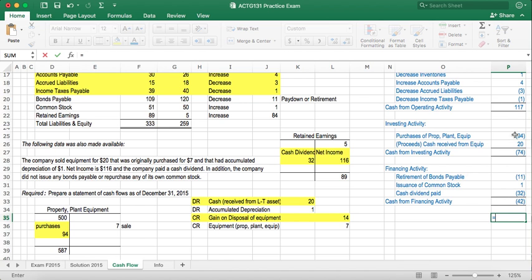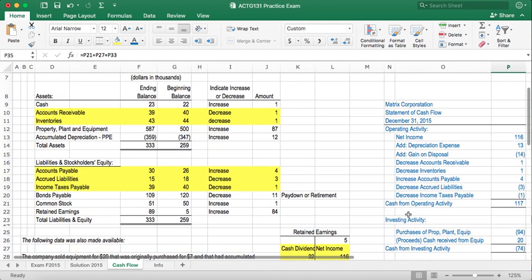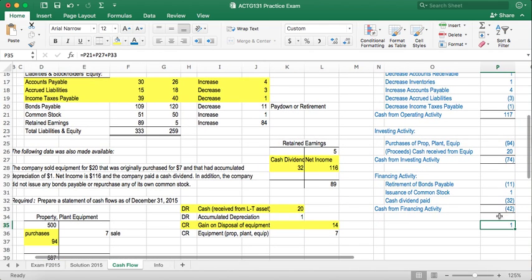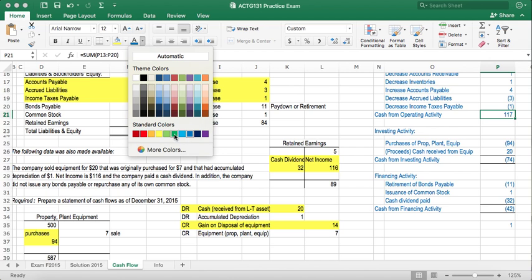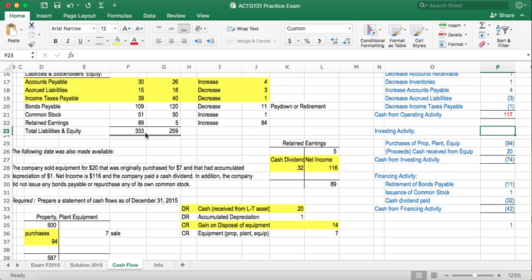So what we're going to do now is net those three. We have our operating, our investing, and our financing. And that, my friends, represents an increase in cash. So see how we netted these three? Let me highlight them for you. Let's put them in red so we see them.